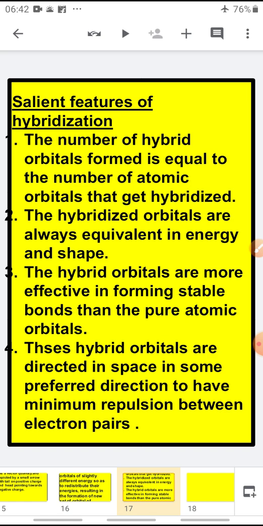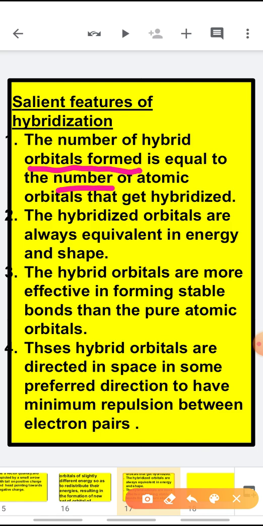Number one, the number of hybrid orbitals formed will be equal to the number of atomic orbitals that get hybridized. That means if two atomic orbitals are hybridizing, then two new hybrid orbitals will be formed, and so on. Number two, the hybridized orbitals are always equivalent in energy and shape.